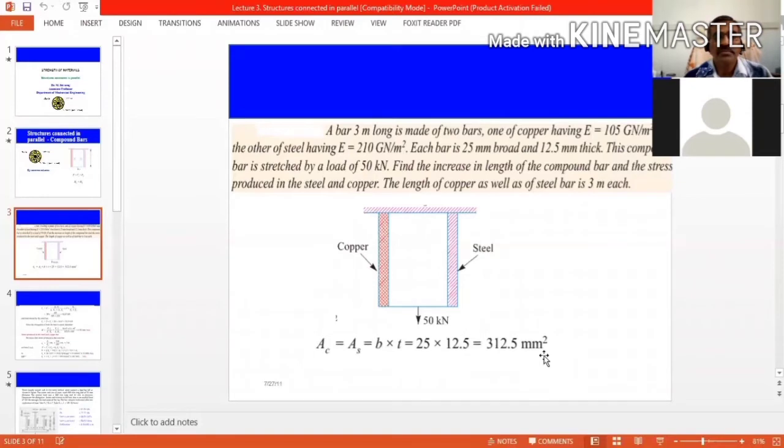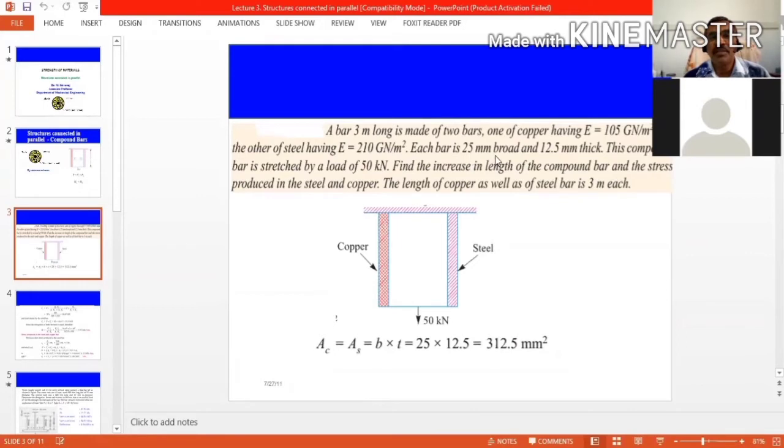Now the problem: a bar 3 m long is made of two bars. One of copper, having Young's modulus of 105 GN/m², and the other of steel, having Young's modulus of 210 GN/m².